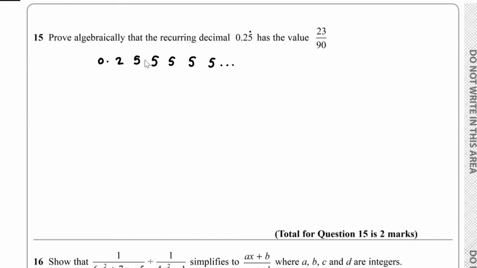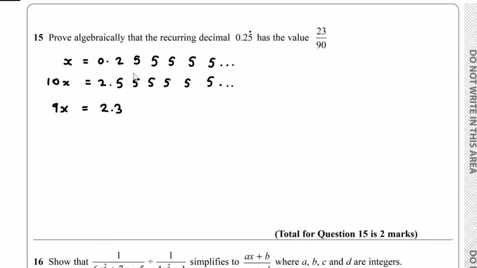Now, because only one digit is being repeated, we're going to let x equal this value. And because one digit is being repeated, we multiply this by 10 and this by 10, so we have 10x, which is equal to 2.555555, etc. So now we subtract these, so we have 9x, which is equal to 2.3.